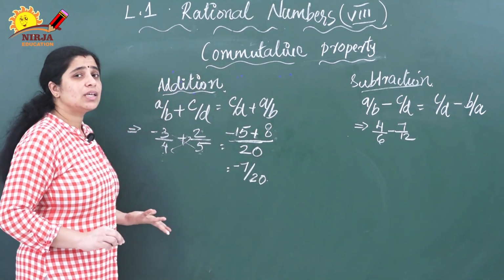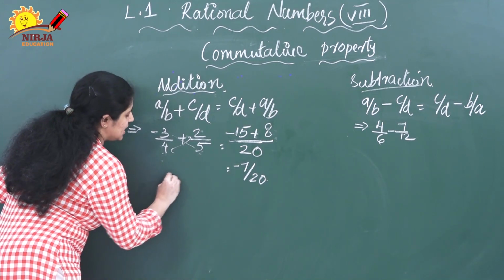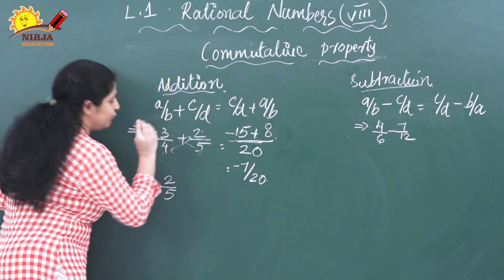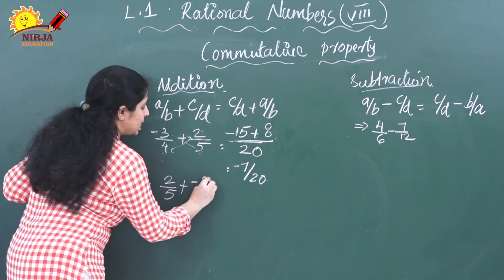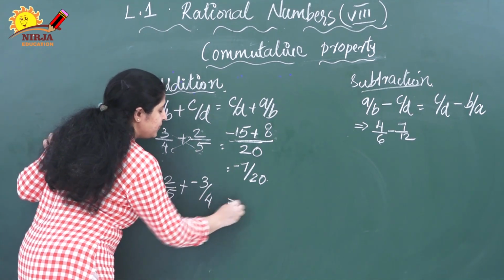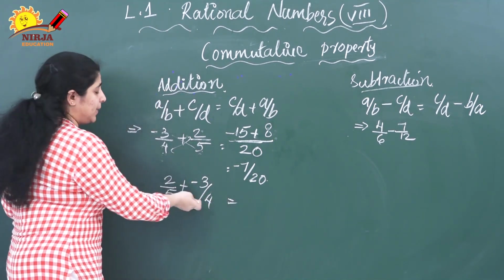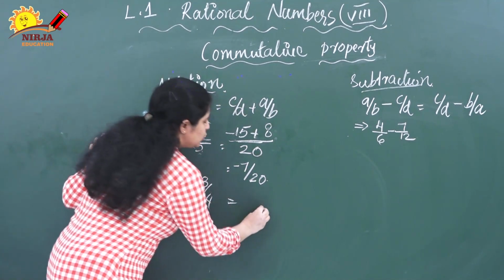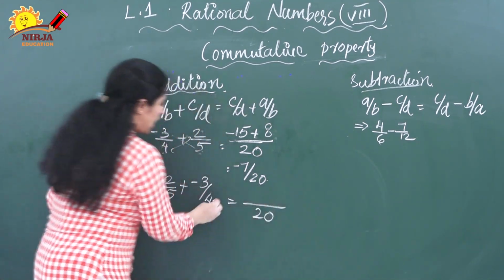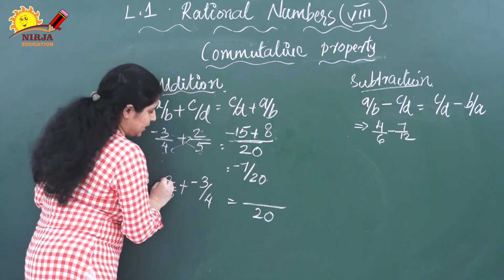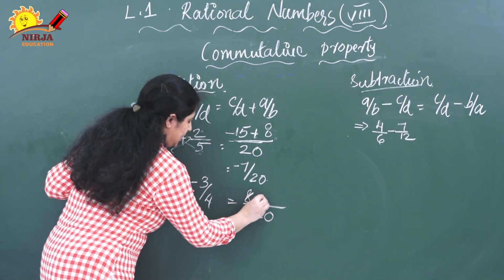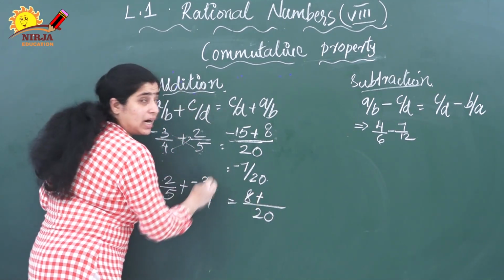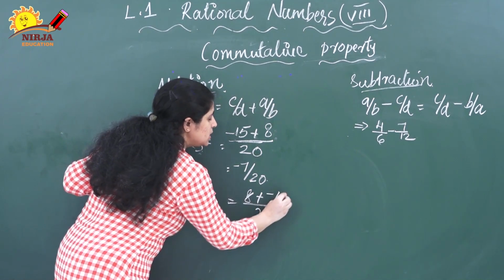Now we are reversing the order. That means first I will write 2/5, then I will write minus 3/4. Again you have to do the same method. 5 4s are 20. Now do the cross multiplication. 2 4s are 8, plus 5 3s are 15, minus 15.